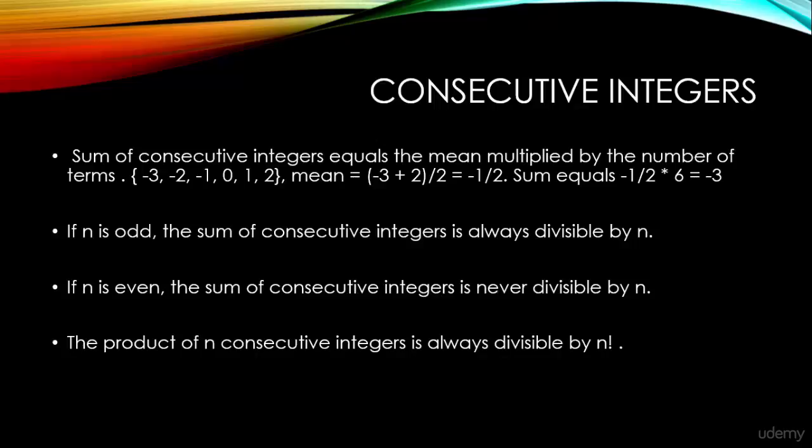If n is odd, the sum of consecutive integers is always divisible by n. If n is even, the sum of consecutive integers is never divisible by n.